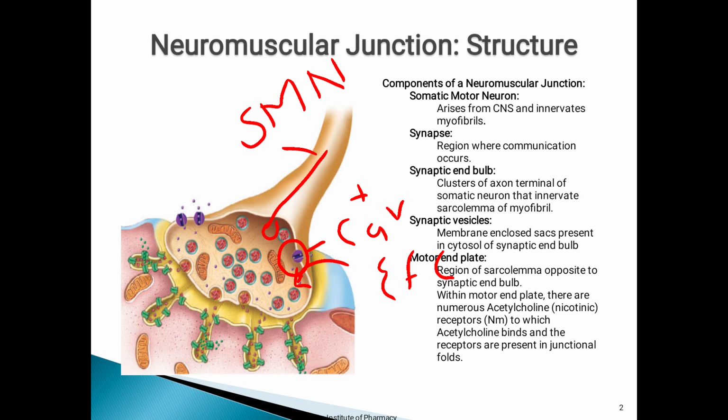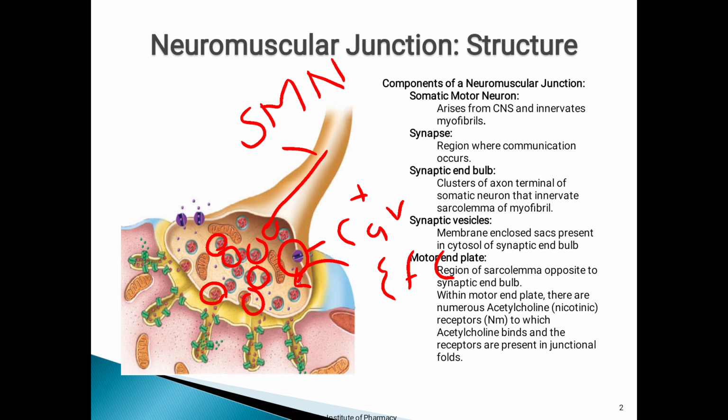So once calcium comes in, this synaptic vesicle, the round structure with pink material in it, will fuse with the membrane of the neuron, because it has to undergo a process called exocytosis.